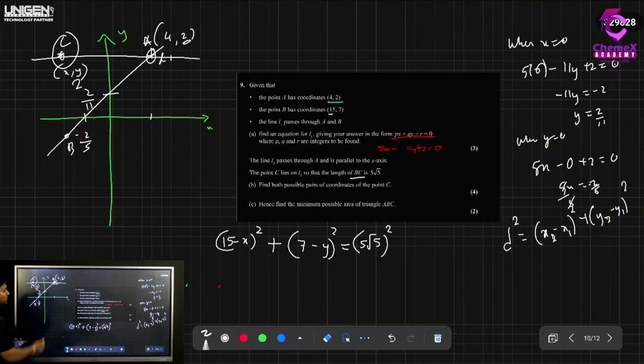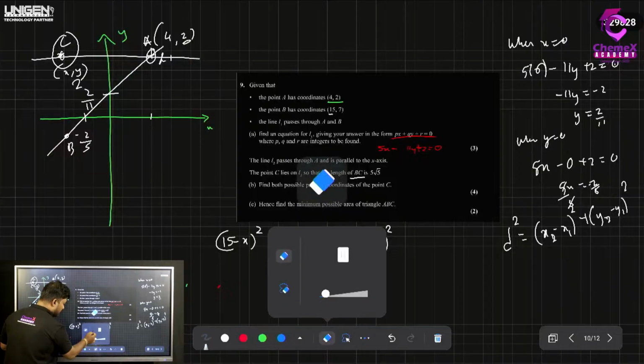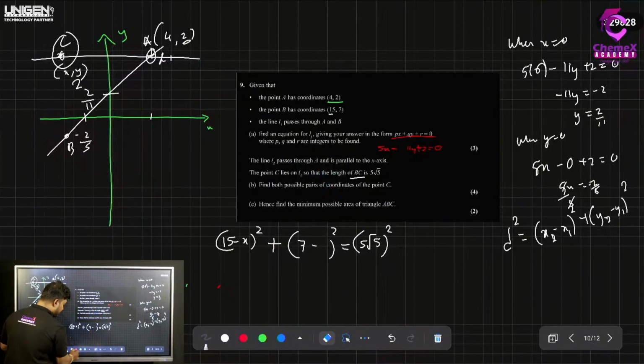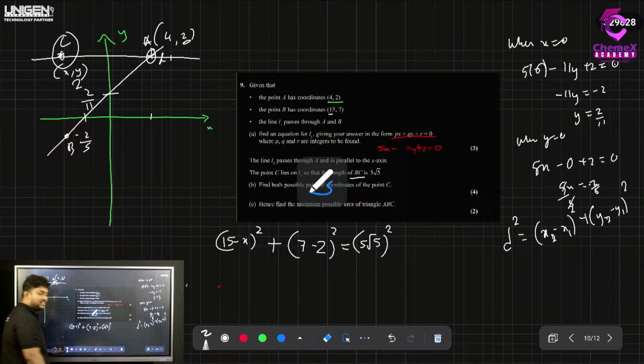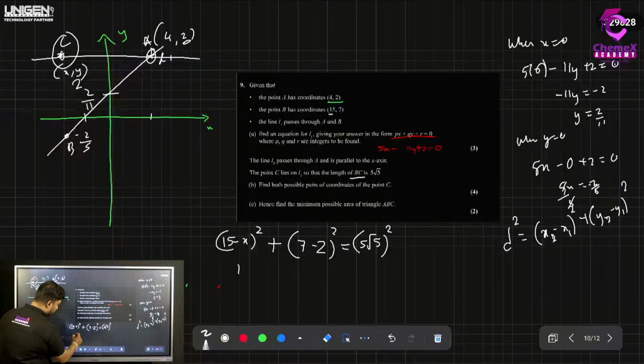C coordinate we don't know. So B actually I'm trying to put. So instead of putting y here, I can straight away put 2 because I know that it's parallel. So now 15 minus x squared is equal to 5 root 5 squared.